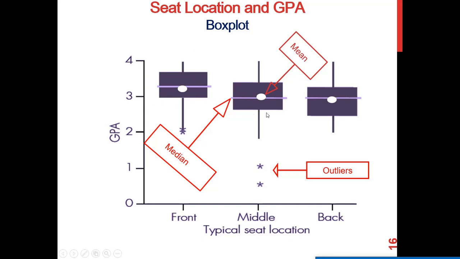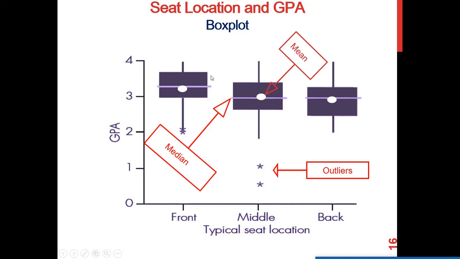Similarly here, only 25% are below this boundary, and 75% are above this lower boundary. So this is Q1, and the upper boundary is known as Q3. Q3 is kind of opposite to Q1: above Q3 only 25% of observations are there, and below Q3 75% of observations are there.